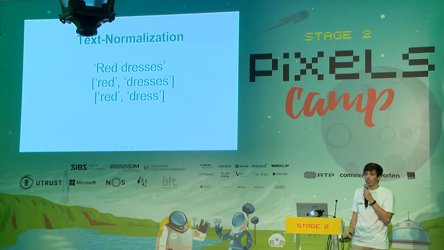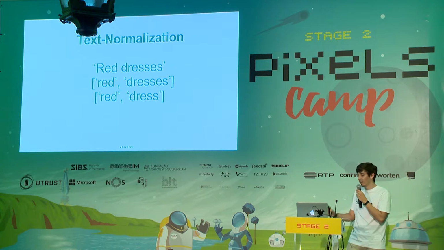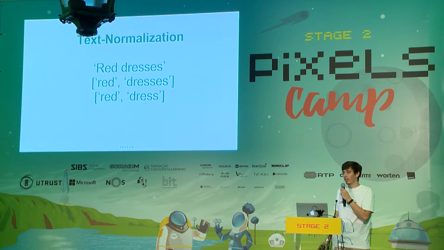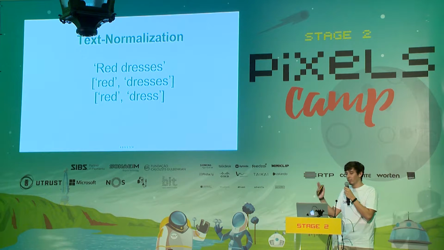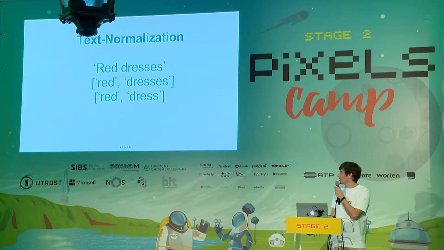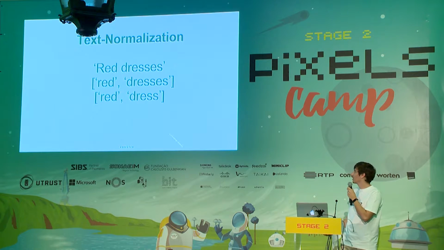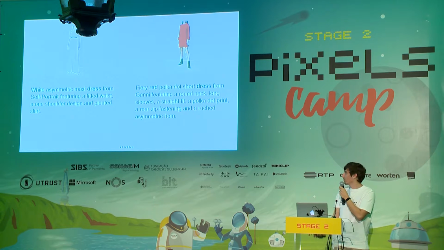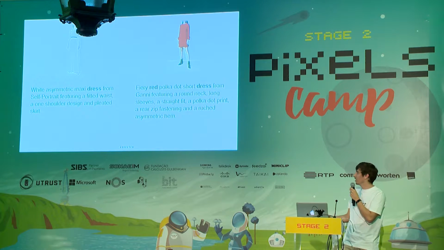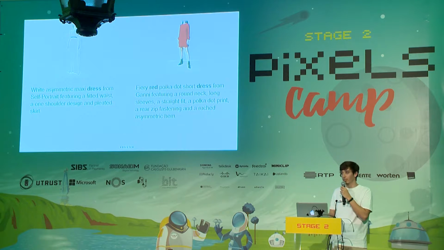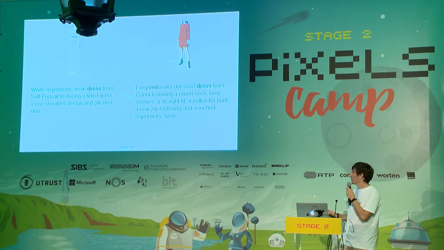But there are also really cool papers around the area in which you can do this using natural language processing and neural networks, but I don't want to get much into that in this phase. So basically, you have a way to make the text more uniform and solve the previous problem. And when someone, for example, searches for red dresses, it can also match on the backend against the word dress.